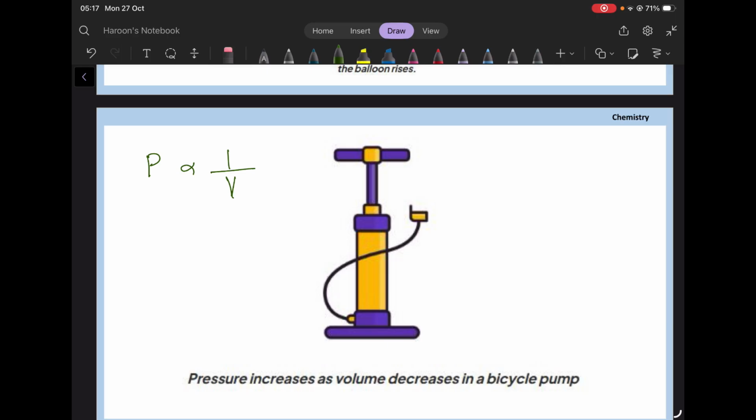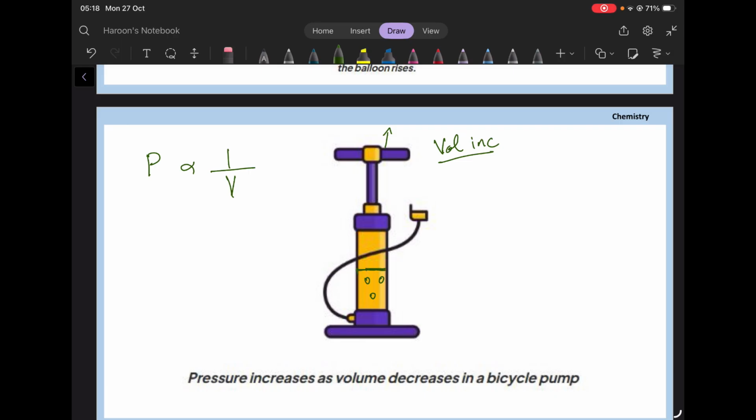So with this pump, for example, when we pull this pump upwards, the volume increases, but the number of particles inside this container is exactly the same. For example, let's say we have these three particles. Initially, let's say the wall was somewhere around here.